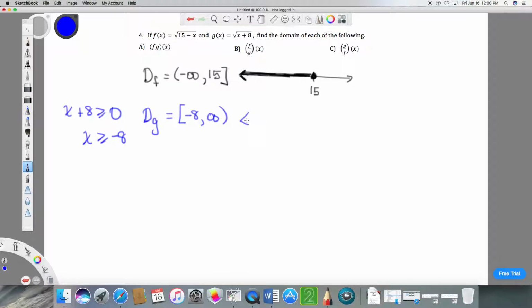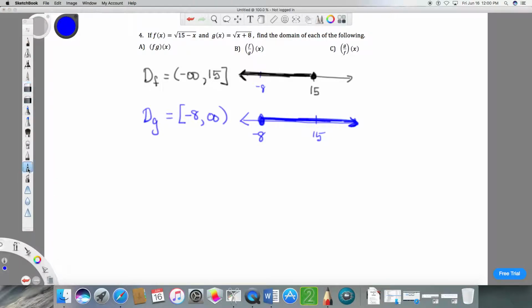So on a number line, we shade to the right of negative 8. Now if we want to find the domain of fg, we intersect these two sets.